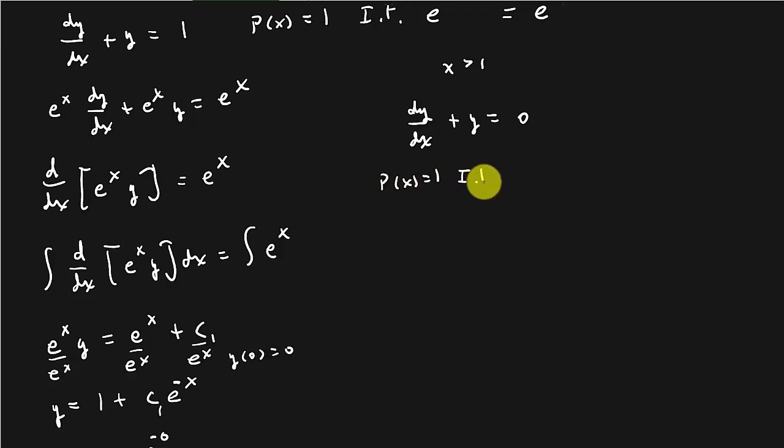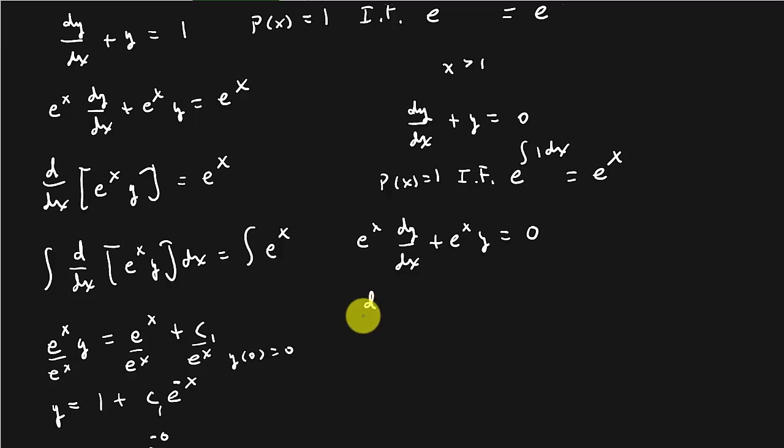Our integrating factor is e to the integral of 1 dx, which is just e to the x. And so e to the x dy/dx plus e to the x y equals 0. So d/dx of e to the x y equals 0.